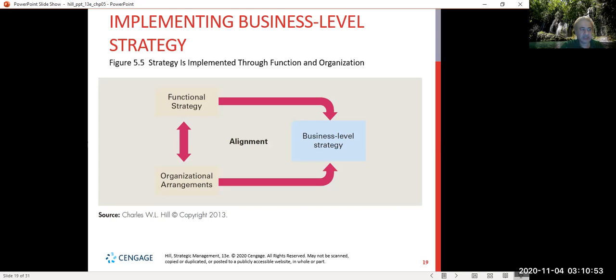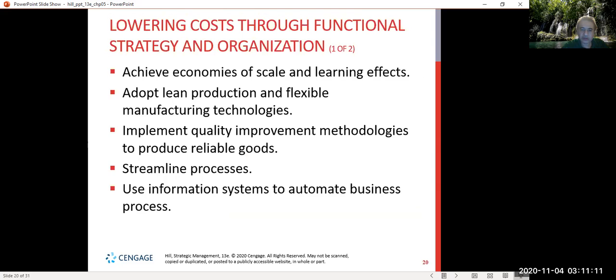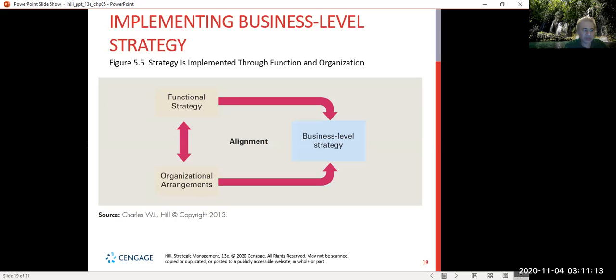Actions taken at the functional level should support the business level strategy, as should the organizational arrangement of the enterprise. An alignment or a fit between the functional level strategy, business level strategy, and the organizational arrangement is necessary for the successful implementation of a business level strategy.